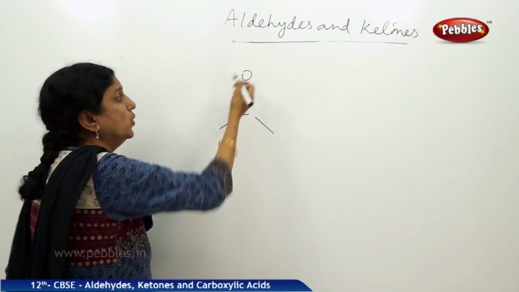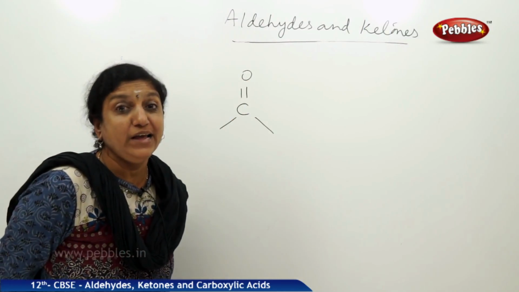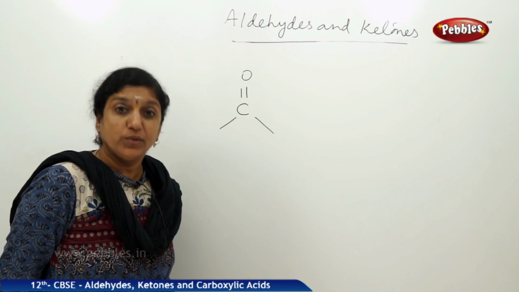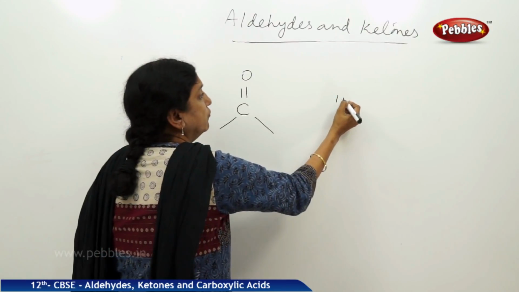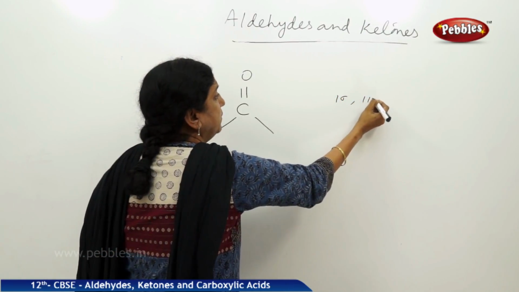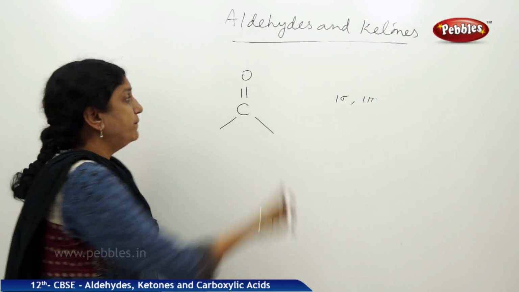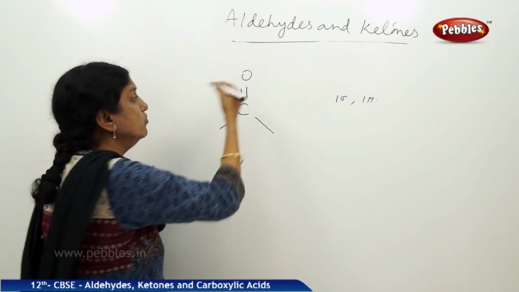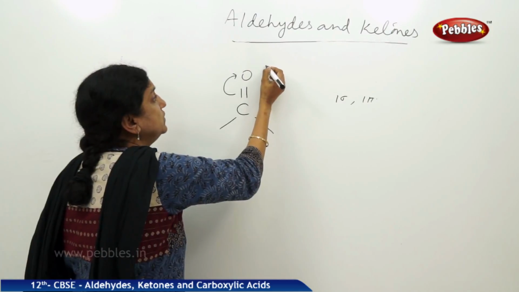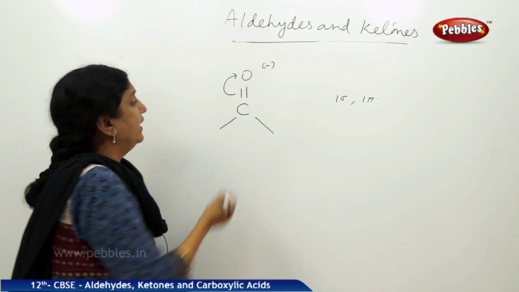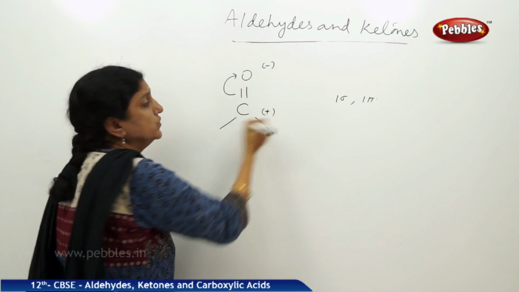Now as you know, oxygen is highly electronegative compared to carbon. So this double bond, which is made up of 1 sigma bond and 1 pi bond, the pi electrons spend more time on oxygen, making oxygen negative, and the carbon becomes positive.